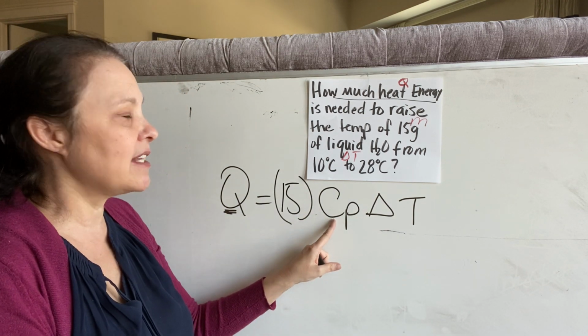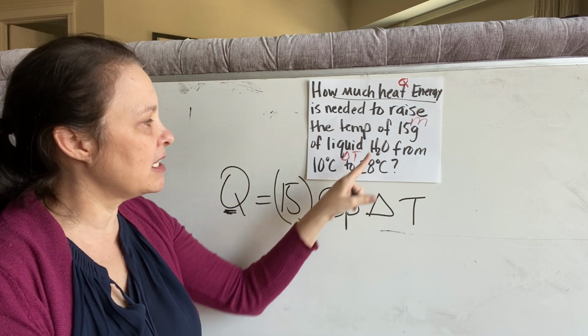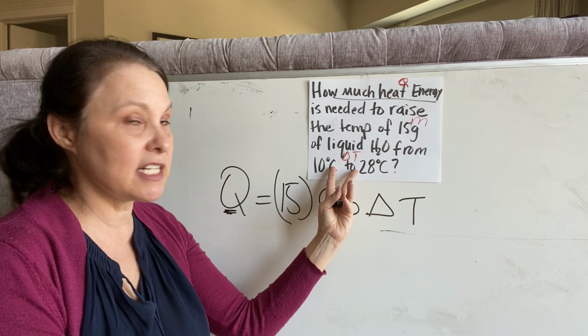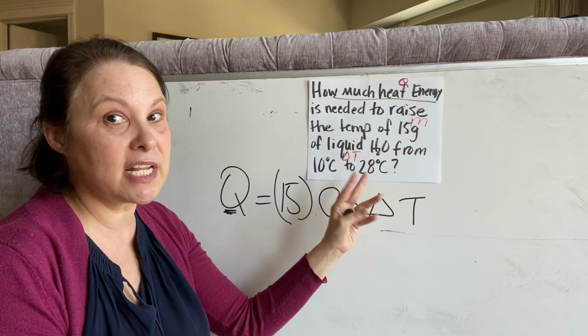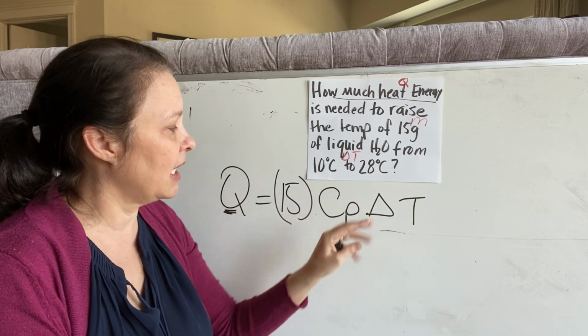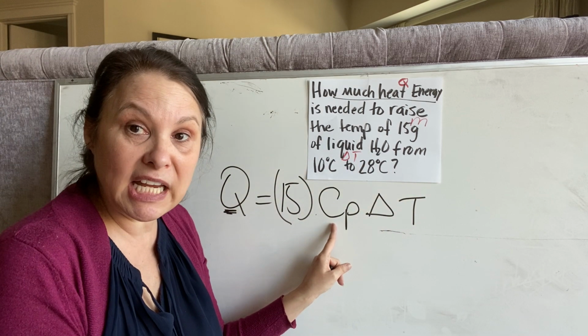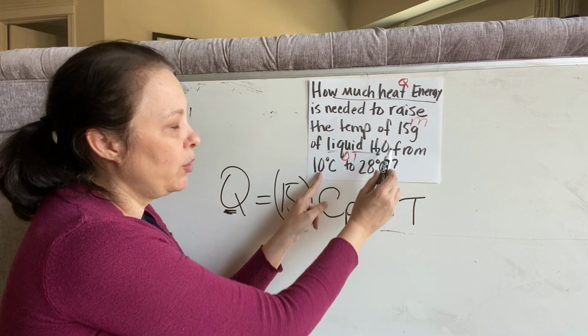Now, specific heat. Nowhere in here does it give me the specific heat. This is the change in temperature, all right? This is not heat. Temperature is degrees Celsius, Kelvin, all that. My specific heat is a constant. So I say to myself, this is liquid water.